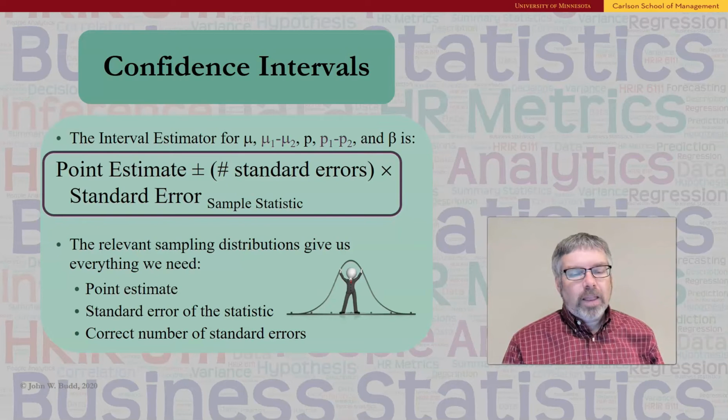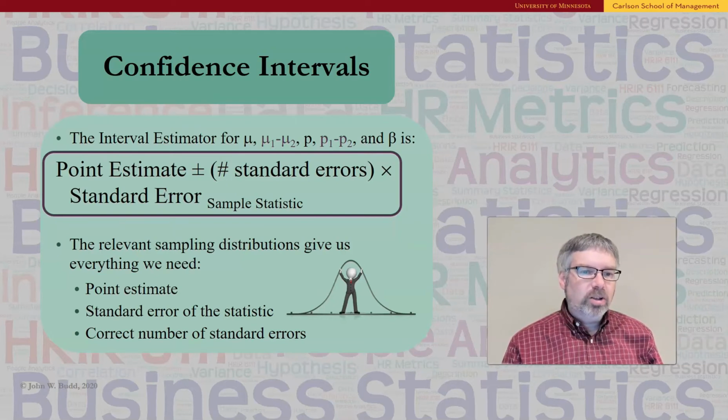So, if we go back to the earlier confidence interval logic, this applies exactly in the same way to mu1 minus mu2 as well as p1 minus p2. Whether it's mu1 minus mu2 or p1 minus p2, it's the same exact thing as for mu, as for p, and for beta.